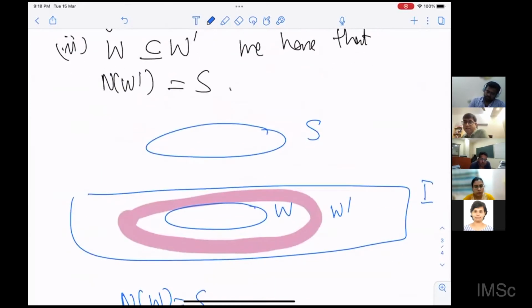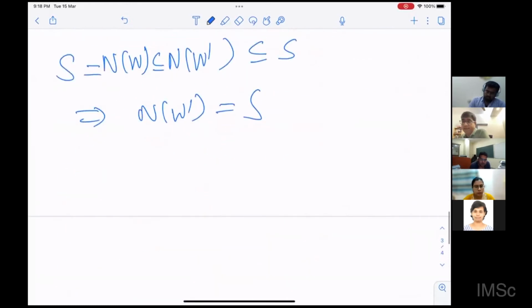They are fully contained inside S because I is an independent set. So this is my algorithmic lemma.